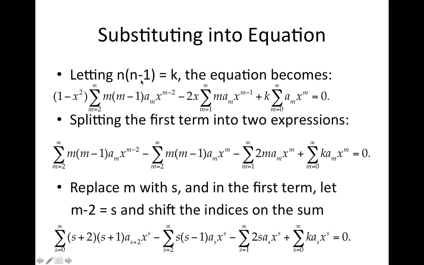Those become our coefficients. And so the first thing that we do is we take this first term and we split it into two different expressions, one with the 1 and one with the x squared. So here's our first term multiplied by 1.